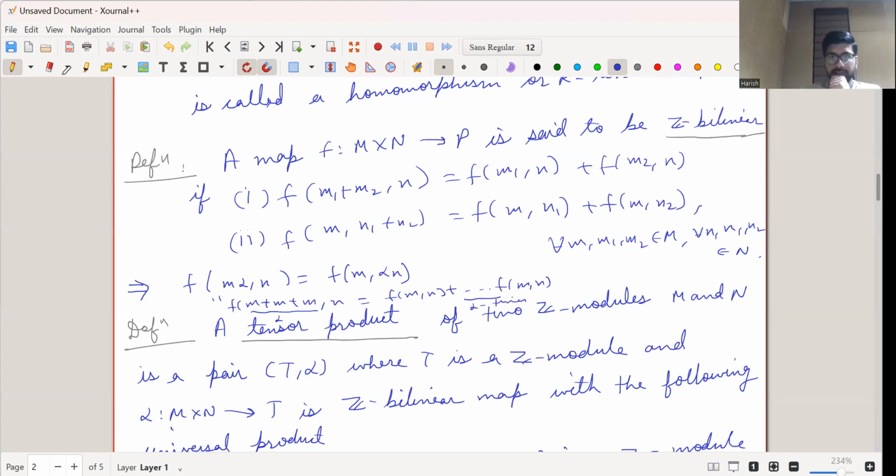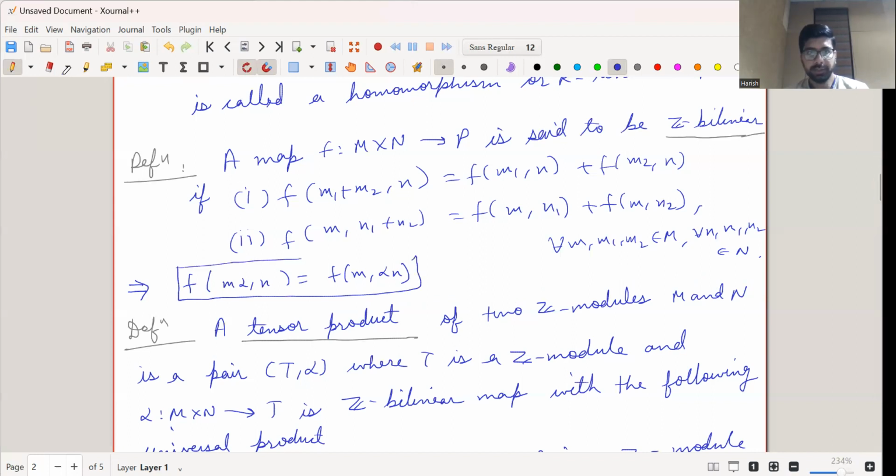Then you fix this and take the summation over n, so this will be f(m, n) added r times by the second property, and then this will be f of m comma rn. Okay, so this is an easy check. And why I mention this is because we will be using it again and again. So this is a crucial thing.